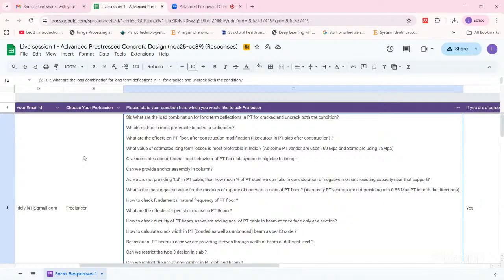If we are providing outside the column, we require more width or additional flare near the column. So that is the contradictory position from different structural consultants. So which is more preferable, in the column or outside the column?